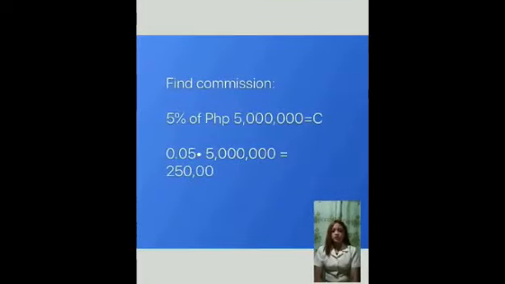Let's find the commission. 5% of 5 million equals the commission. Now, let's change the percentage to a decimal. 0.05 times 5 million equals the commission.